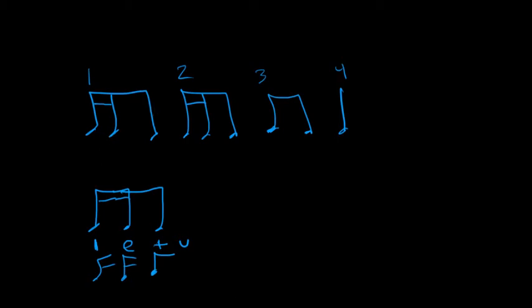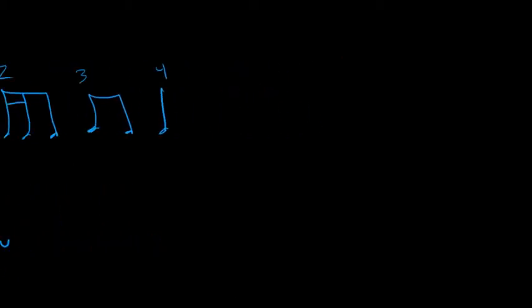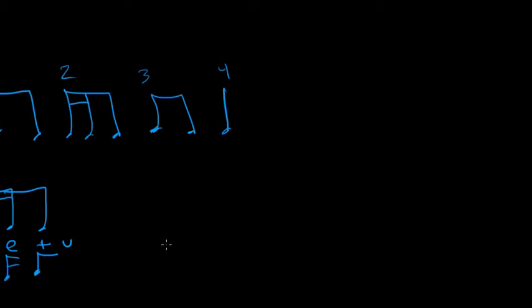And let's do, how about having the eighth note first, and then the second half of the beat is 2 16th notes. So that goes 1 and, or 1 E and.